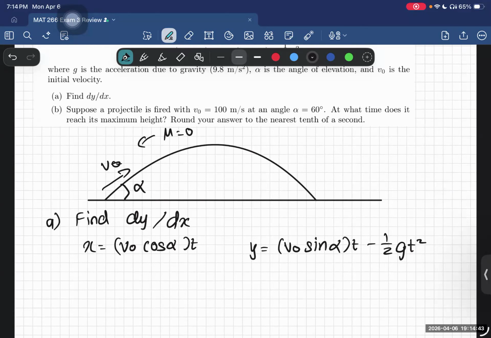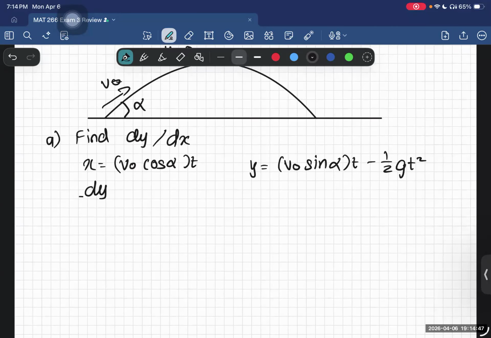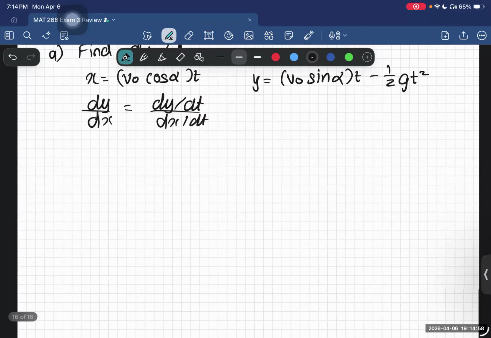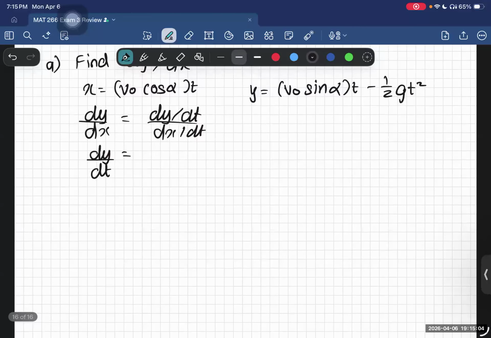To find dy/dx, again we'll use the same formula. We are doing parametric differentiation here: dy/dt over dx/dt.